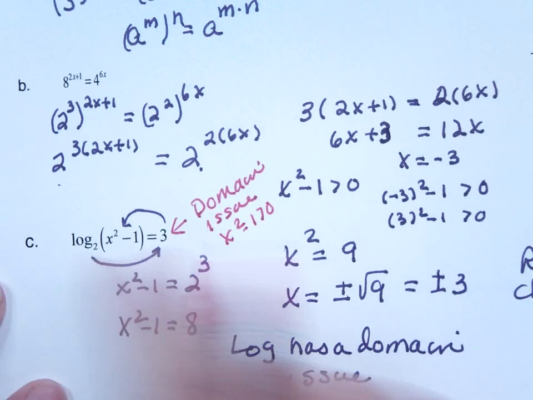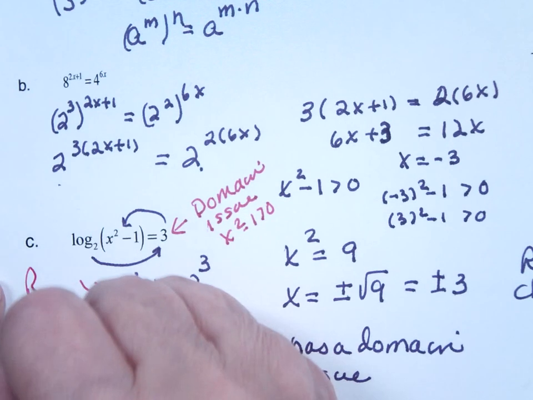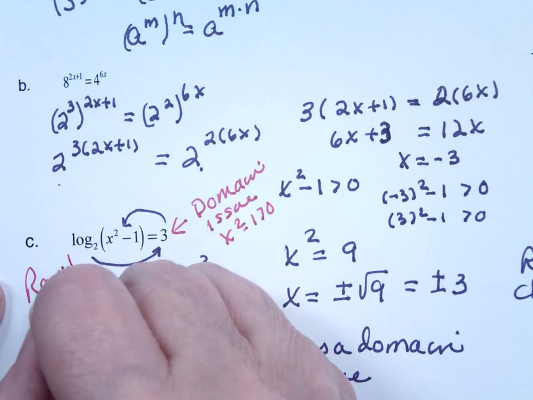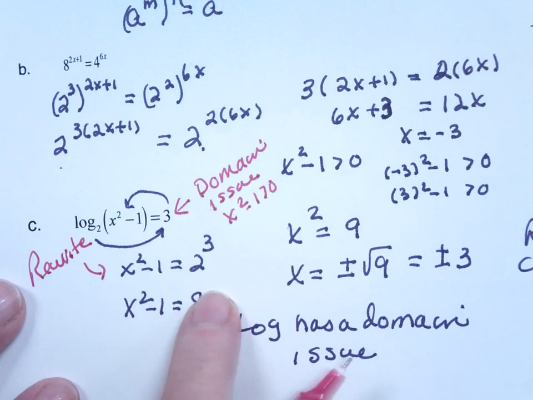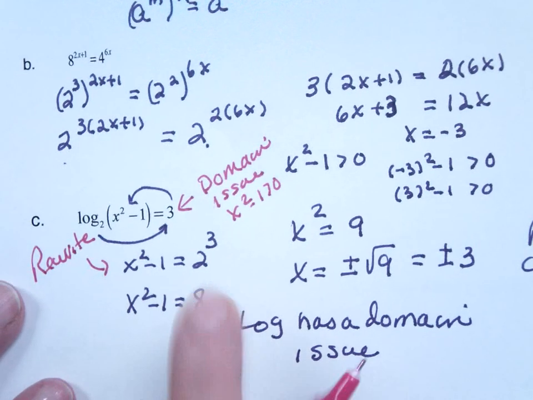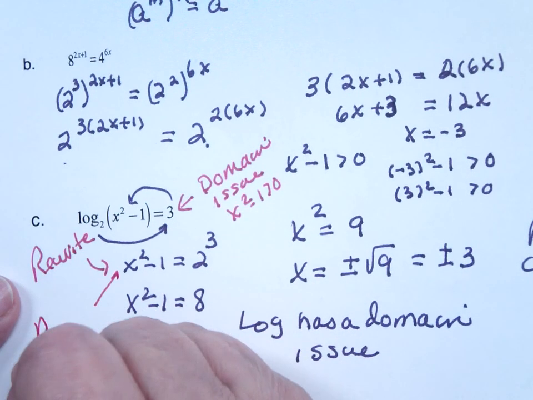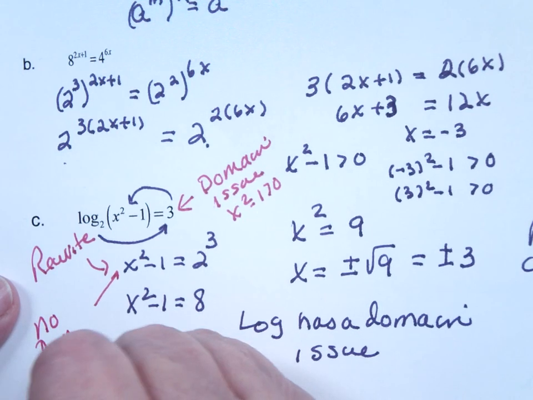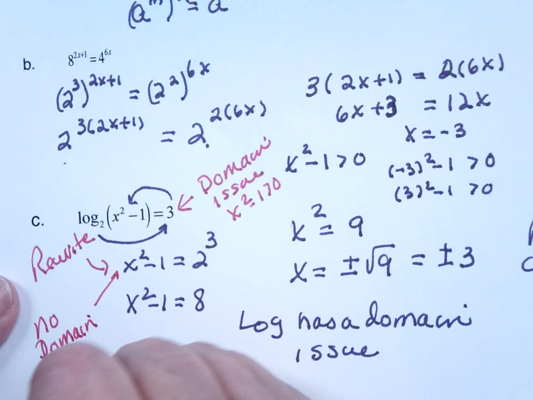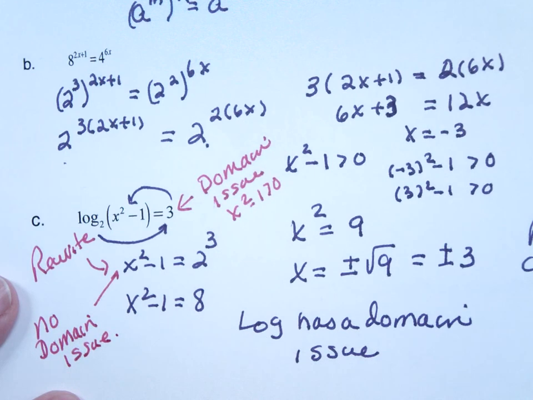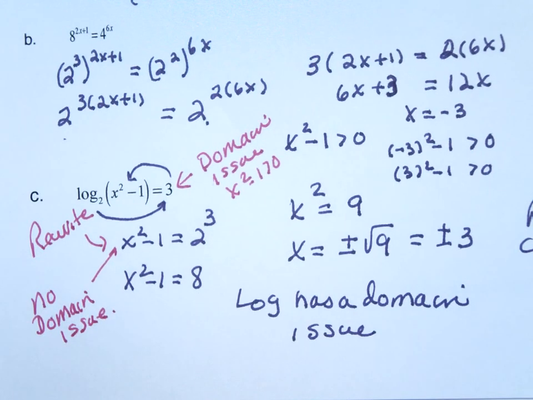Then I rewrite, and the problem I've solved, this guy has no domain issue. So as a result, I can come up with an answer that doesn't work in the original problem. That's why you have to check your answers.